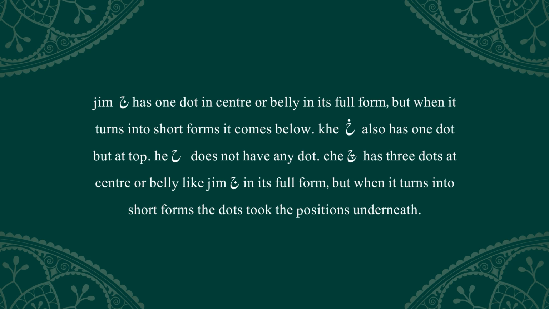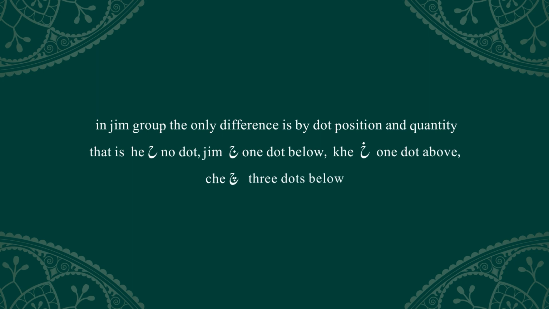But when it turns into short forms, the dots take the positions underneath. In Jim group, the only difference is by dot position and quantity. That is, He no dot, Jim 1 dot below, Khe 1 dot above, Che 3 dots below.